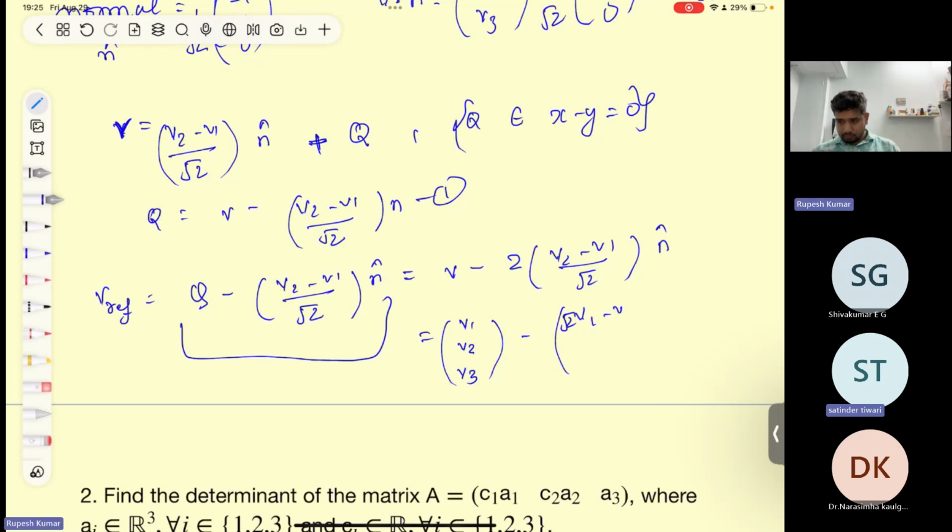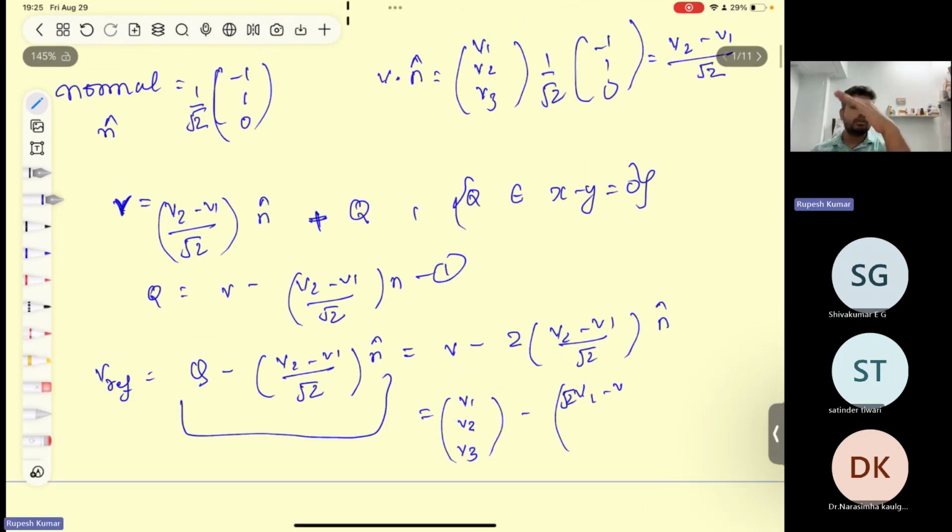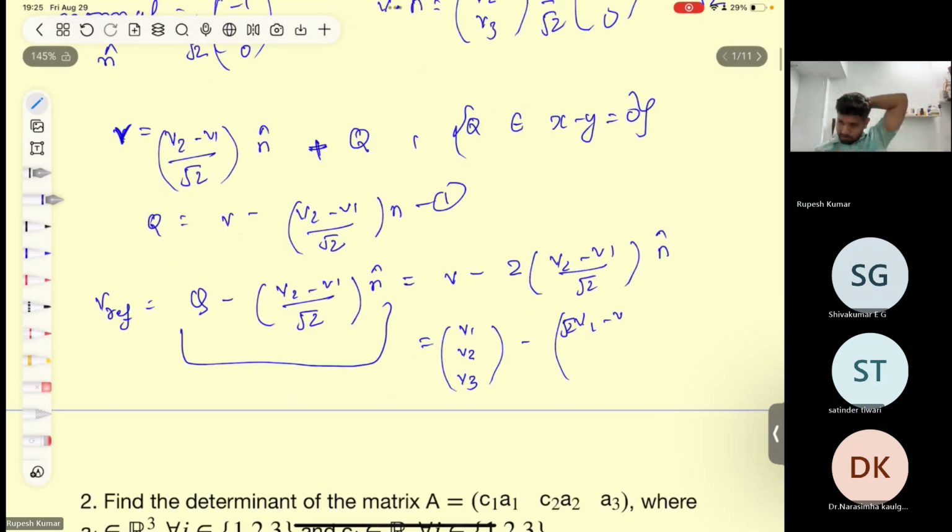Q is its projection on the plane, right? So Q plus something along the normal was your original vector. I'm saying the reflected vector is Q minus that thing. Now, this is correct. Fine, that's true. So that is what I have written here.